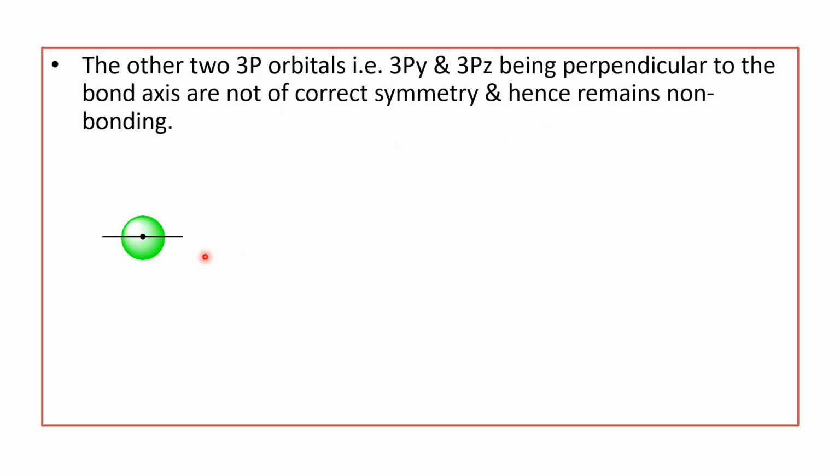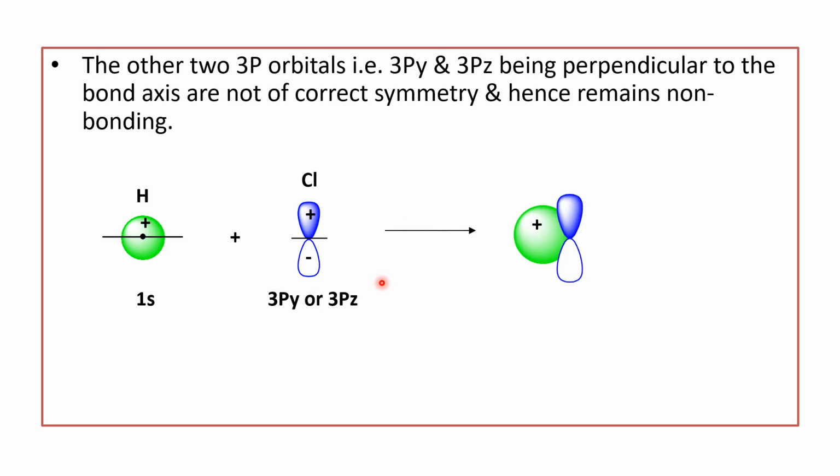So let's see this. We are having the 1s orbital of hydrogen, and then we are having the p orbital. This is the p orbital of chlorine, which may be either 3py or 3pz. Now from this diagram we can say that they are not of the correct or matching symmetry, and hence when they undergo overlapping, we get the formation of orbitals, and these orbitals are called the non-bonding molecular orbitals, right?